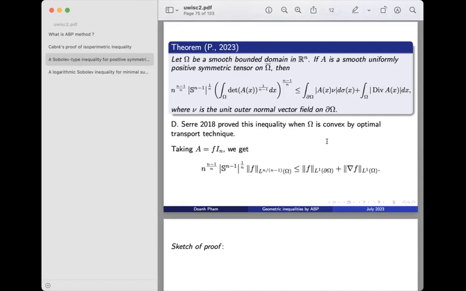In that paper, they introduced a dual norm to the sigma k norm, and if you put this together, then there might be a similar statement.